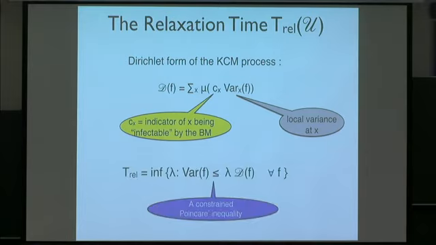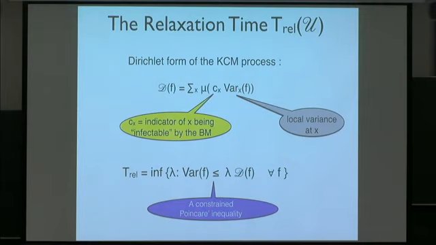Given this Dirichlet form, the relaxation time is the best constant in the Poincaré inequality. The Poincaré inequality says the variance is less than a constant times the Dirichlet form for any function f, on the infinite lattice for any local function f.